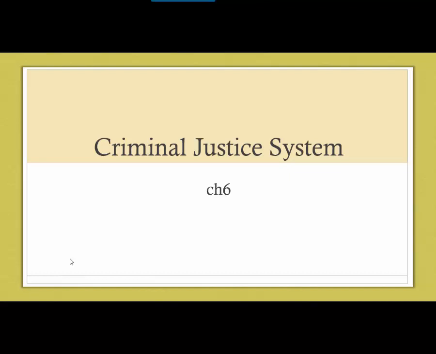There are other ways you can approach studying the criminal justice system if you were to approach it as a functionalist or as a symbolic interactionist, interested specifically in how people within the criminal justice system see themselves or see each other or interact with one another.